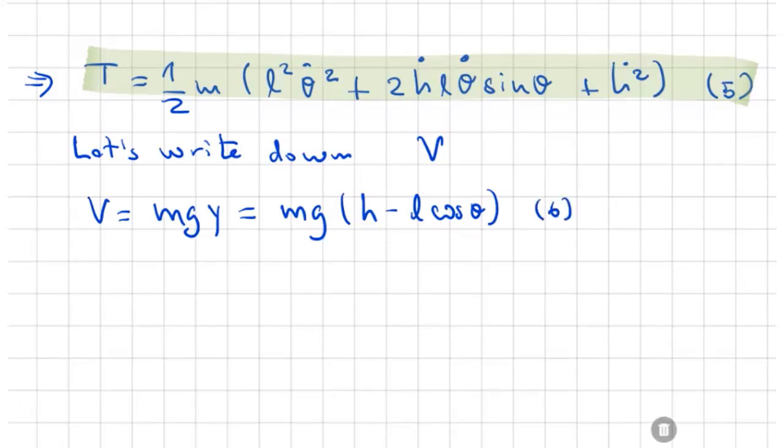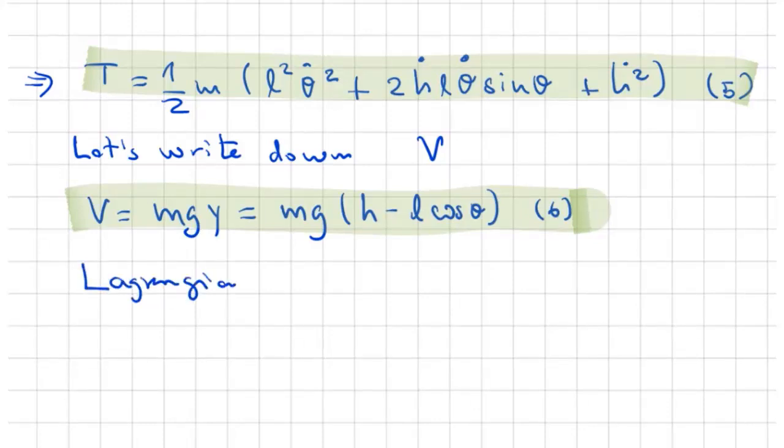Now, as we know, the Lagrangian is, by definition, L equal T minus V. That's the Lagrangian.